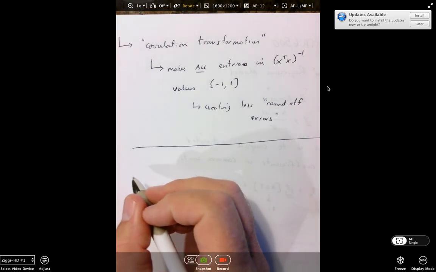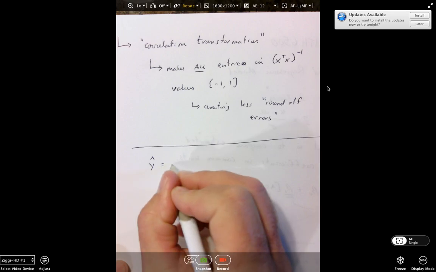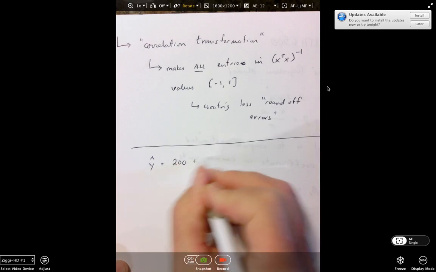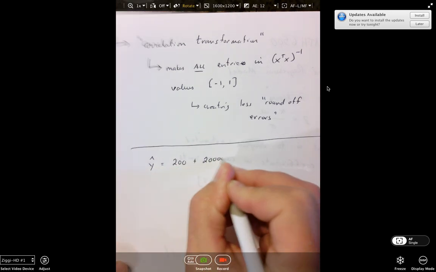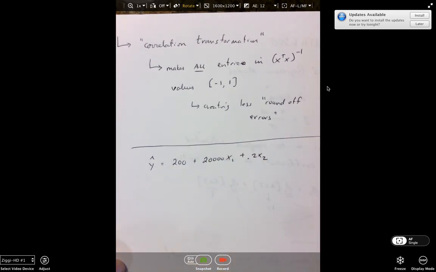So guys, if we have a model where our variables are in drastically different magnitudes, and the measurements for x1 and x2 are drastically different in magnitude, we're going to create these round-off errors that we talked about before.